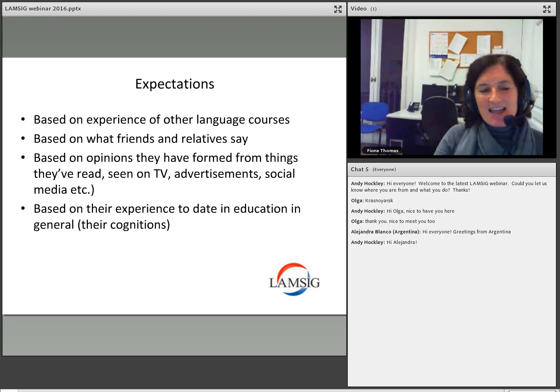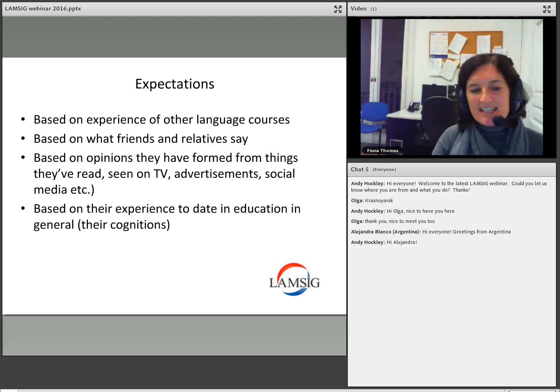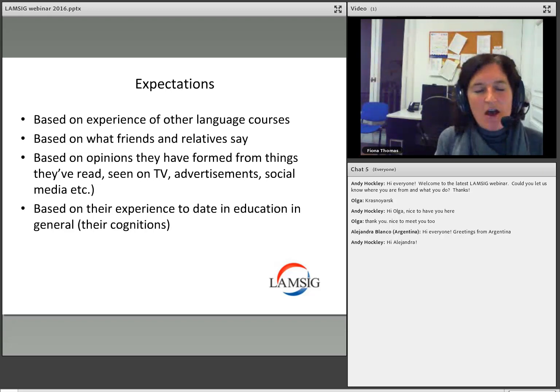In other words, what they've experienced influences what they think the role of a learner is and what the role of a teacher is. And these cognitions, these expectations in terms of what teaching is all about and learning is all about are very, very strong and very difficult to change.